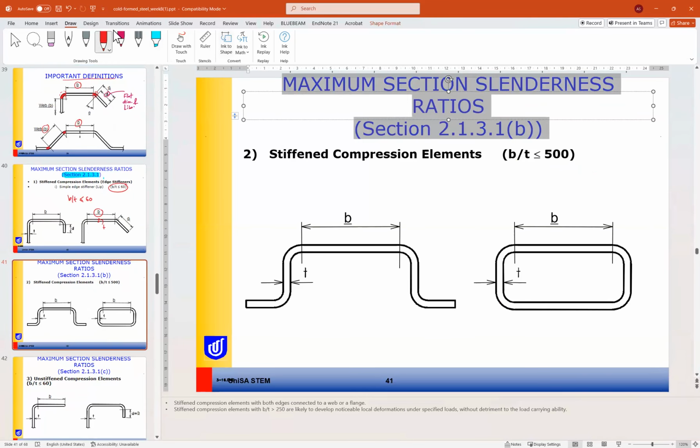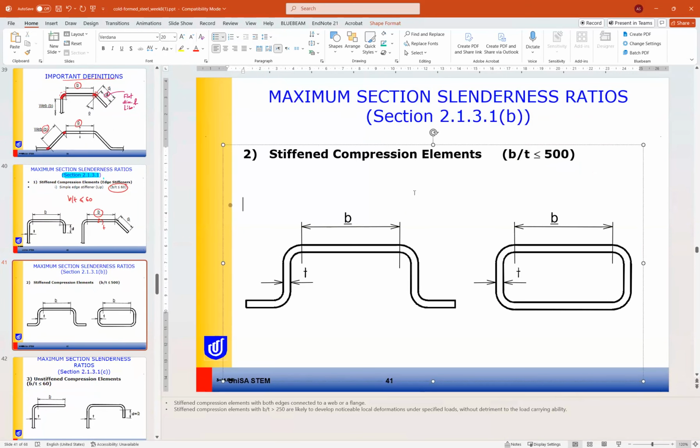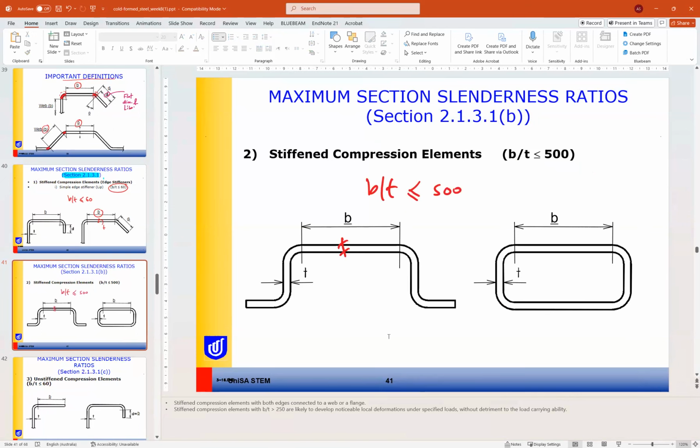For a stiffened compression element, here in this case, b over t should be less than or equal to 500.